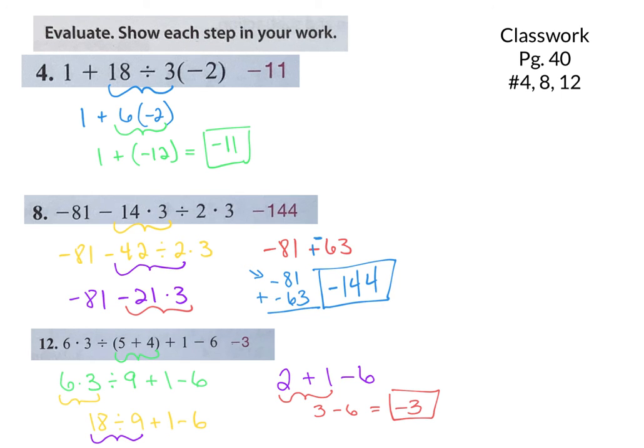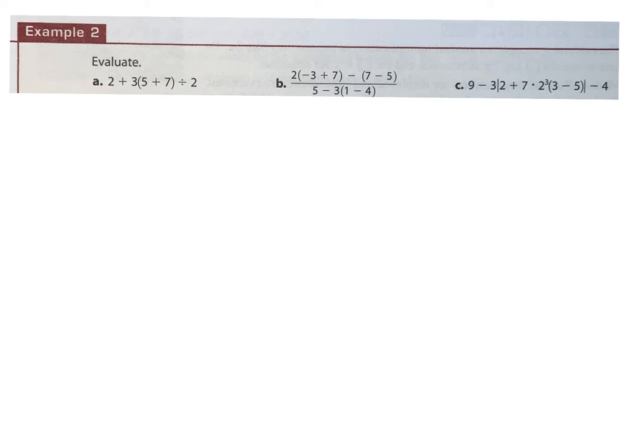Now we did a little bit with that one, but now we're going to do some different types of grouping. The first one is the grouping you're accustomed to, just parentheses, all right? Parentheses, and we know to do that first. B actually combines multiple types of grouping, all right? So you see parentheses, but that division line or that fraction line automatically groups the numerator and the denominator.